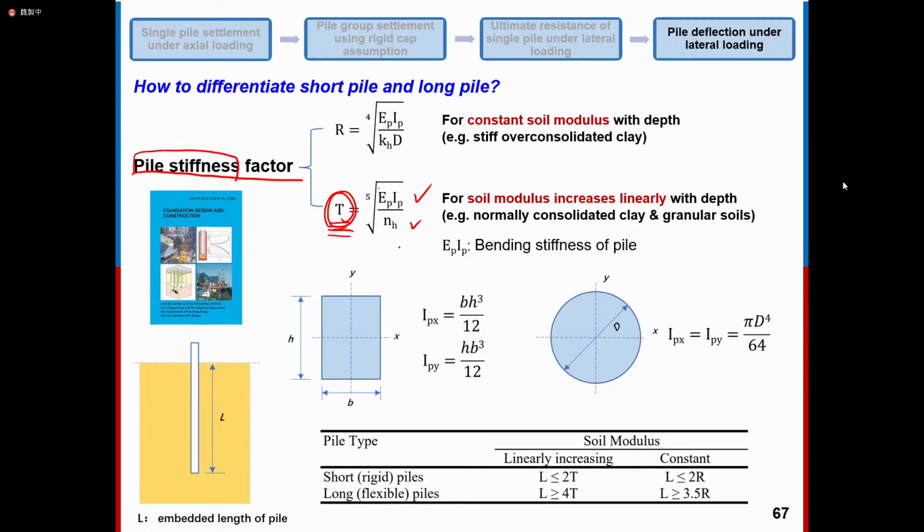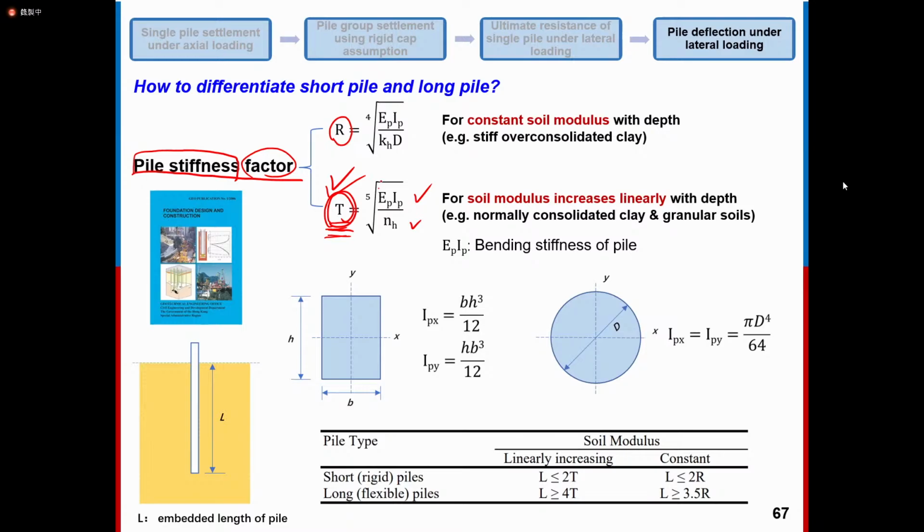So for each pair of soil and pile, which means the condition has been fixed, we will have one corresponding T. So I prefer just to call it characteristic factor, because if you know the condition of the pile, the diameter, the material of the pile, and the property of the surrounding soil, this T value can be easily determined, right?